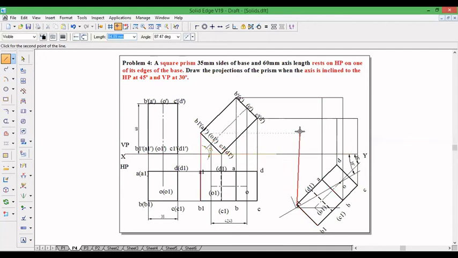So A1 dash is here and B1 dash, A1 dash and B1 dash run on the same line. C1 dash is on XY line and D1 dash is also on XY line.